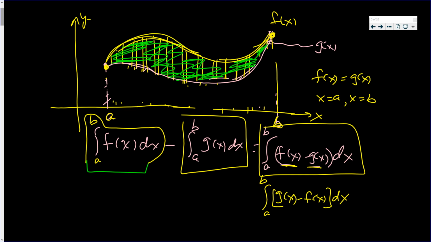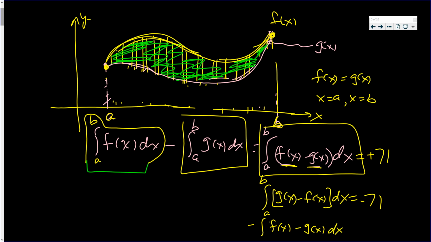Now, the thing is that if this is -7, this one will be +7. If this one was +71, then this one will be -71. Why? Because if I factor out a minus sign, then I'll have the integral of f of x minus g of x dx.